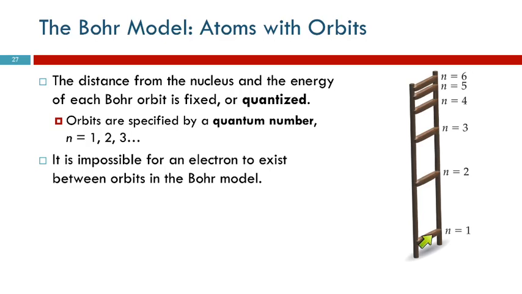So on a ladder, right, this is kind of a weird looking ladder, because as we go higher, the rungs get closer together. This is illustrating the energy levels of the orbits in a hydrogen atom. You can stand on the bottom rung, you can stand on the second rung, you cannot stand halfway between, right?